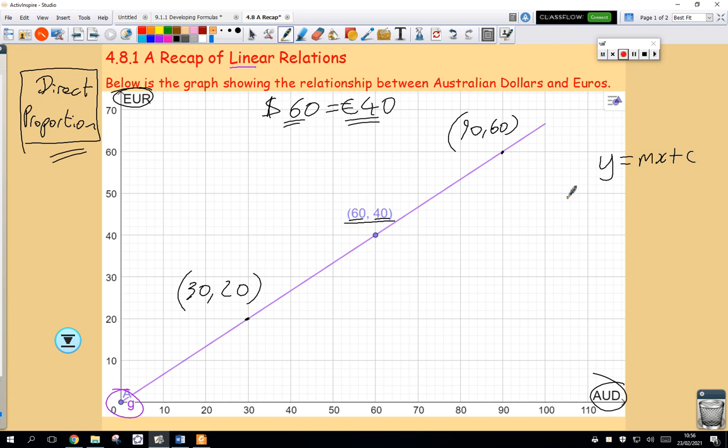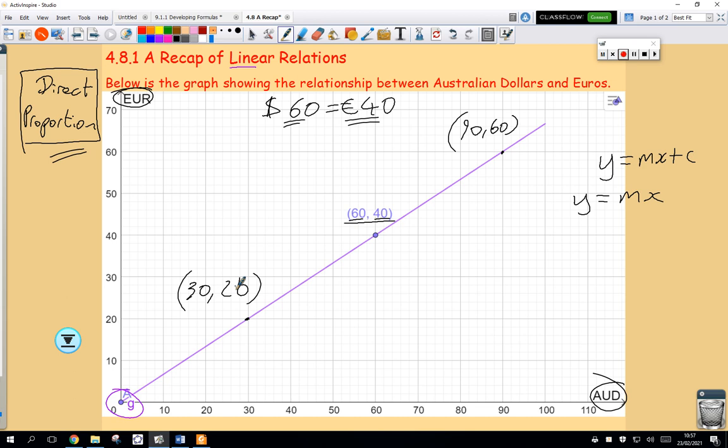C is going to be 0 here, so we actually are talking about y equals mx, which is also the definition of a direct proportion. Two variables are directly proportional if one variable is a constant multiple of the other. In other words, if I divide one of the variables by the other, I always get the same constant. 90 divided by 60, 1.5. 60 divided by 40, 1.5. 30 divided by 20, 1.5.